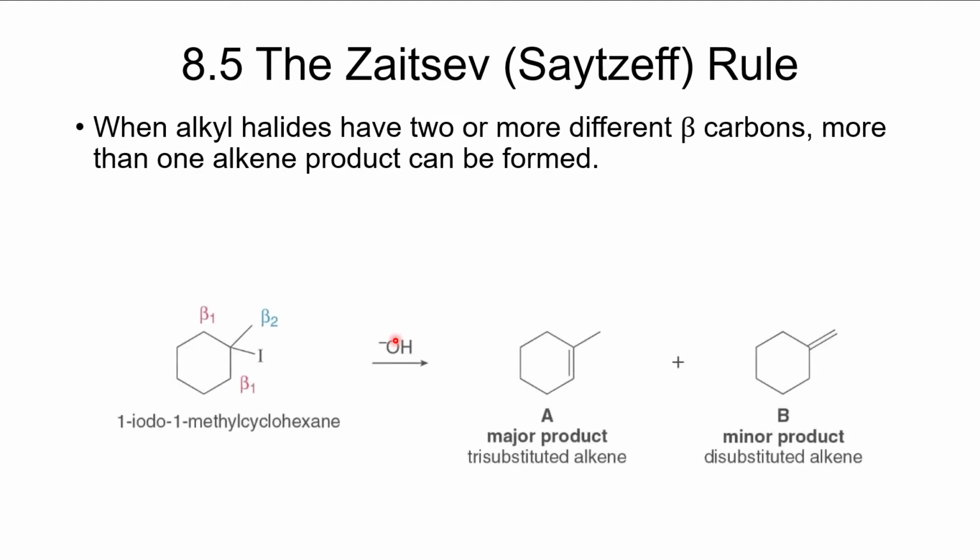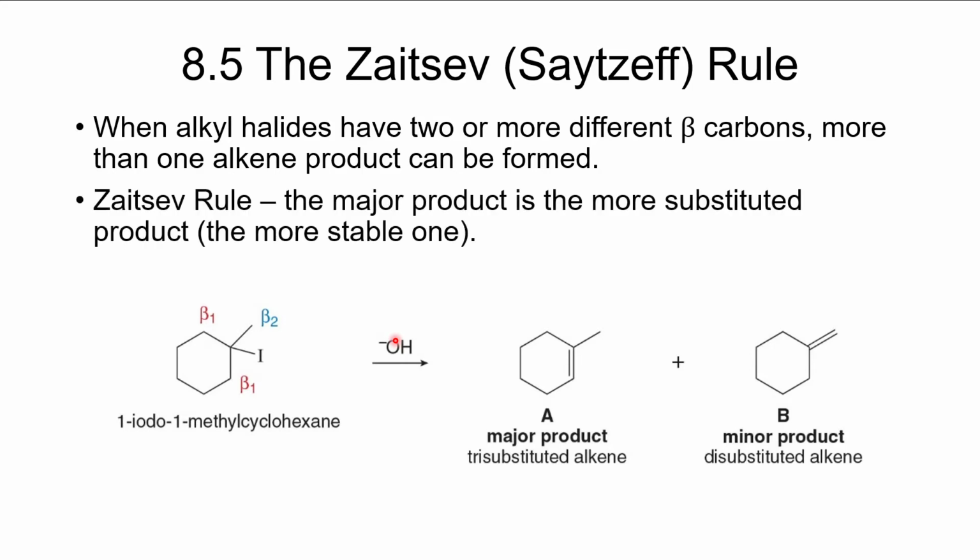The Zaitsev rule tells us that the product we're likely to get more of is going to be the more substituted alkene. So Zaitsev's rule: the major product is the more substituted, or the more stable, product. All right, so that is what Zaitsev's rule tells us.